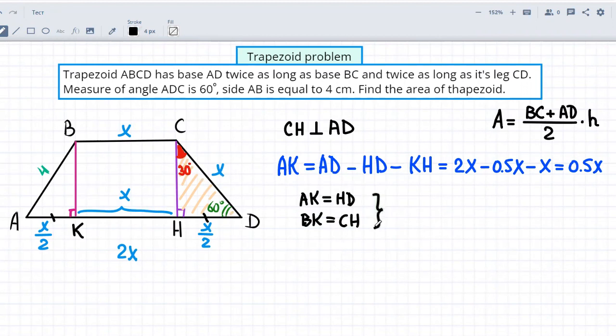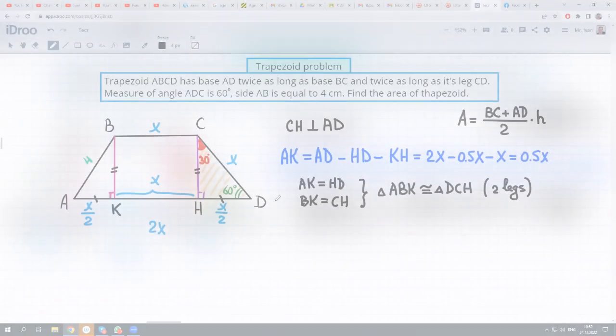Means from here, we could state that triangle ABK is congruent to triangle DCH by two legs. In a right triangle, that's enough to state that triangles are congruent.